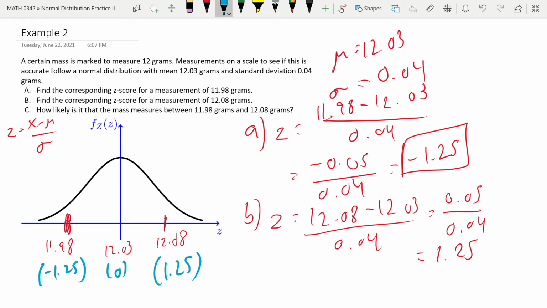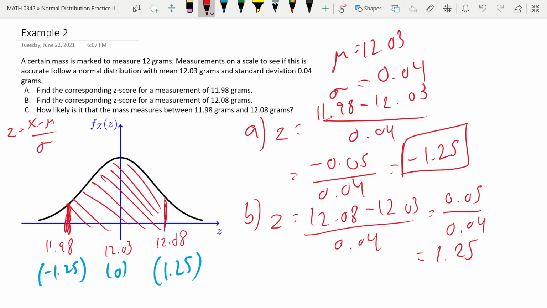And so now we're going to ask this question here. How likely is it that a certain mass from, say, a sample of these, measures between 11.98 grams and 12.08 grams? So in other words, I want to find the area inside this band in red.